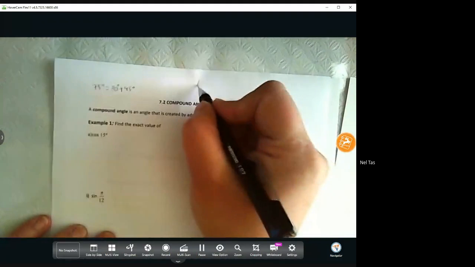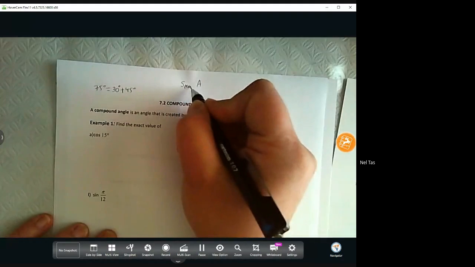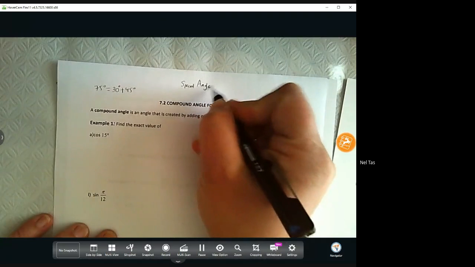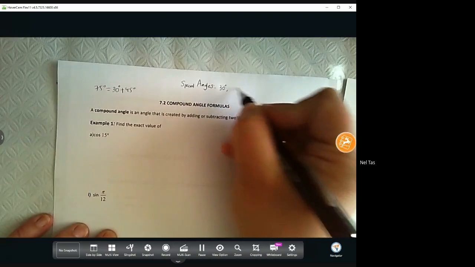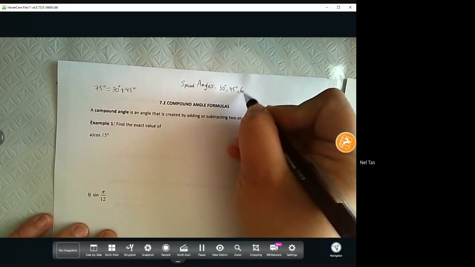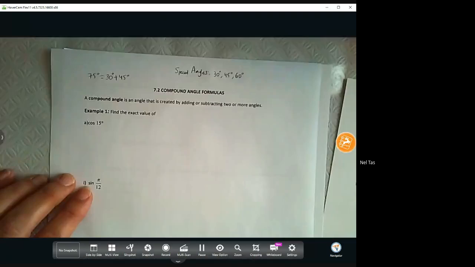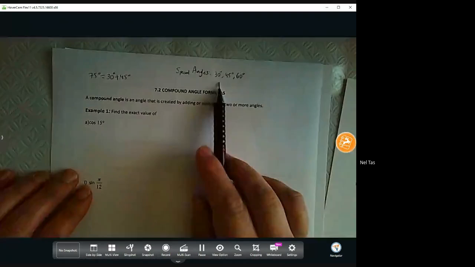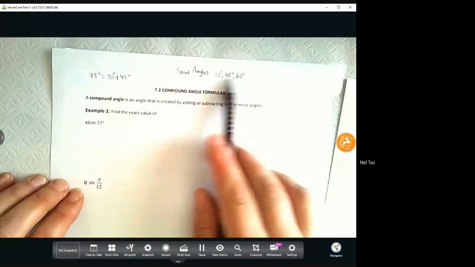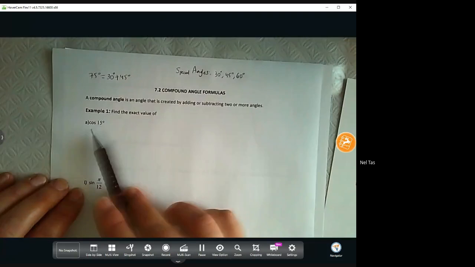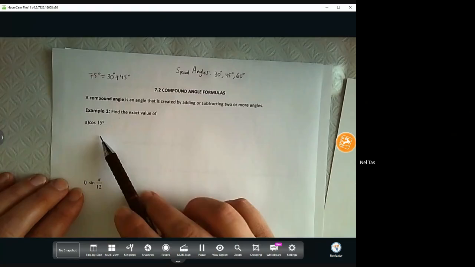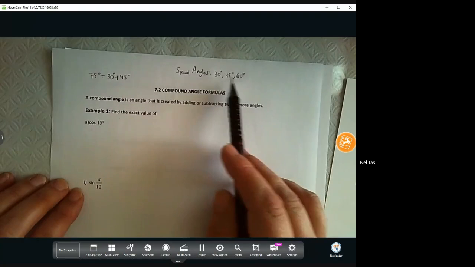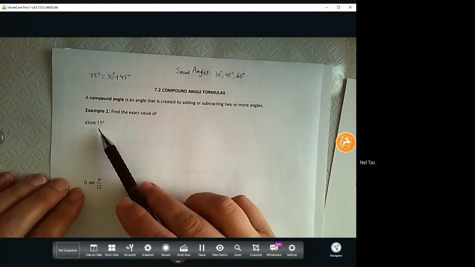First of all, what are your special angles? In terms of degrees, 30, 45, and 60. Can you add or subtract those angles to get 15? For example, 45 minus 30 would give you 15, or 60 minus 45 would also give you 15 degrees.